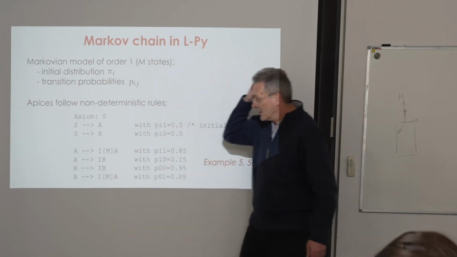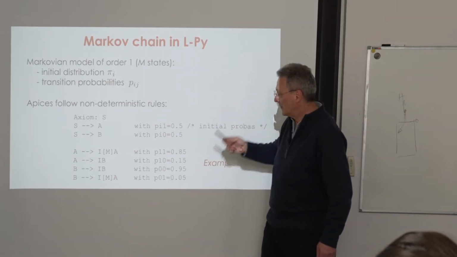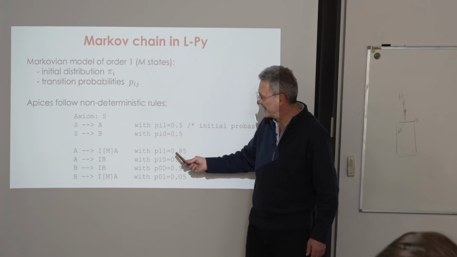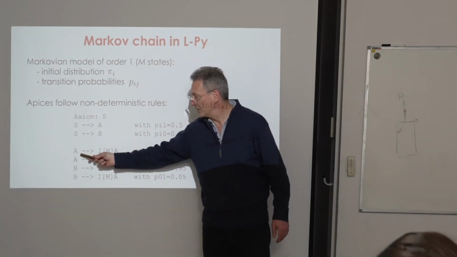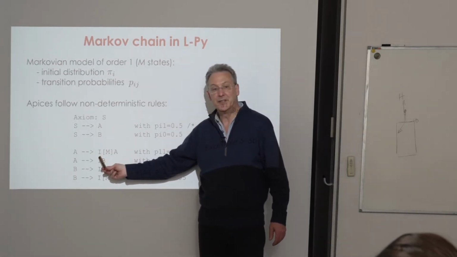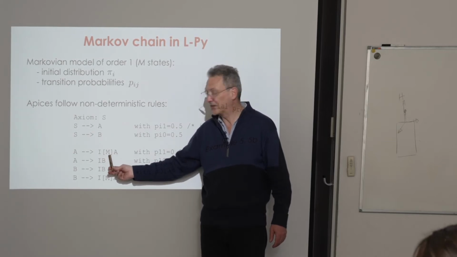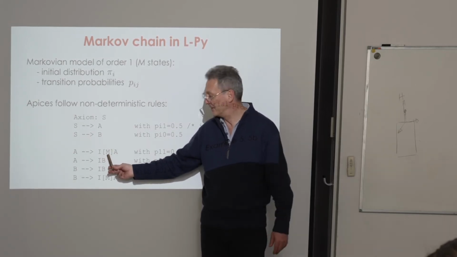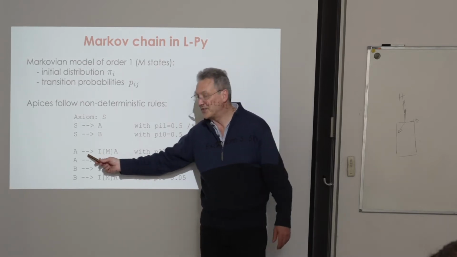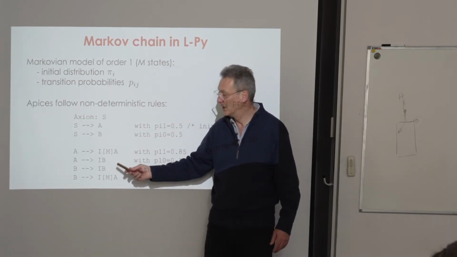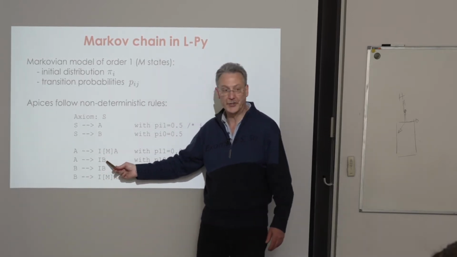The idea is that this first rule produces an internode and an auxiliary branch that is called M, plus an apex. So this one is a branch node. This one is a non-branch node.